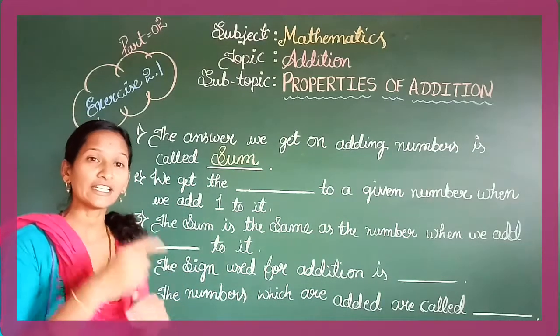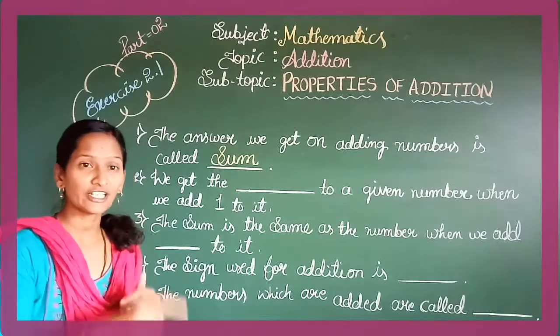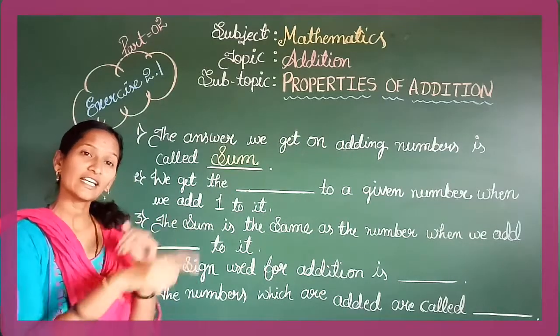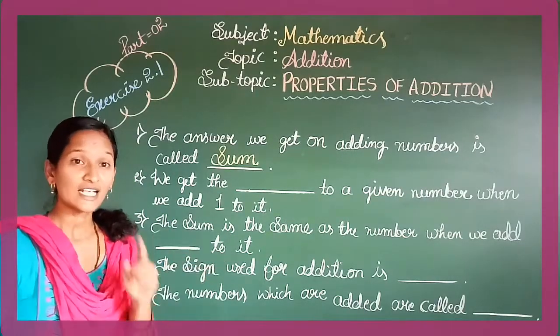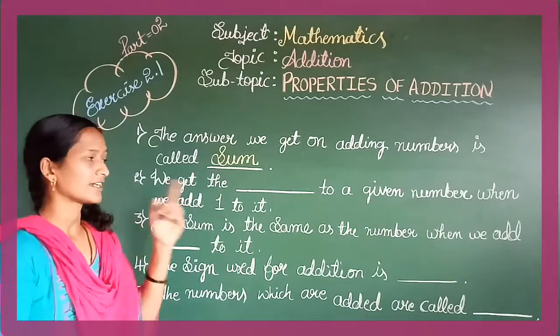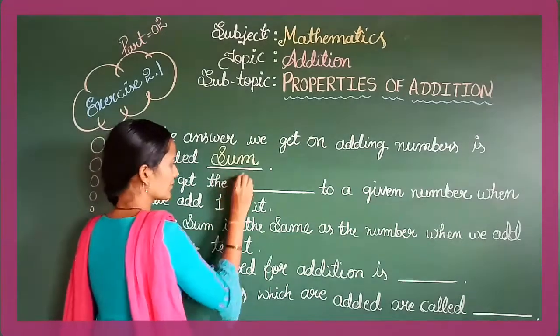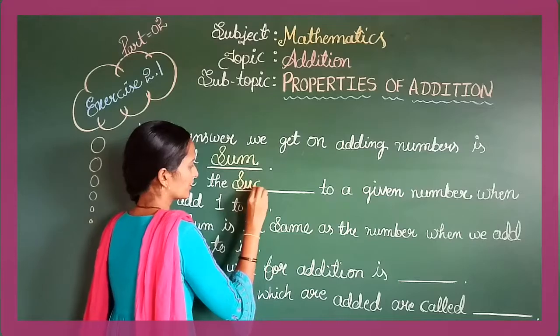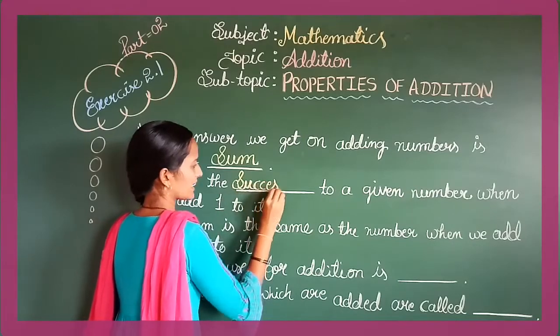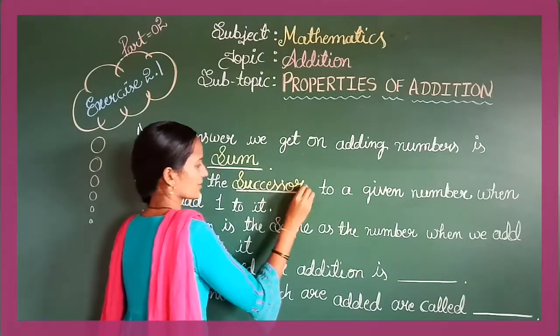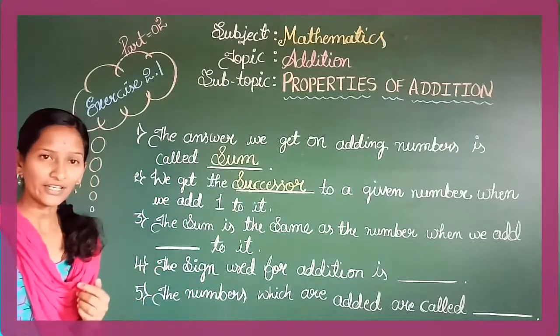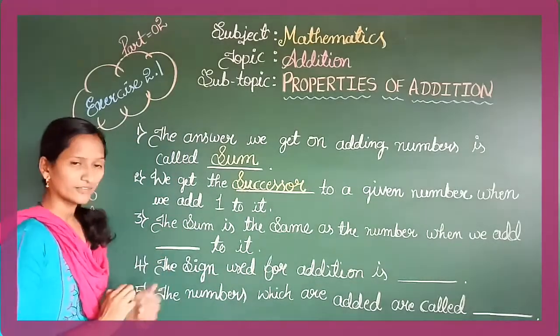If you add 1 to any number, you are getting the next number. The next number is also called a successor, right? So that is the answer. So write down S-U-C-C-E-S-S-O-R, successor.